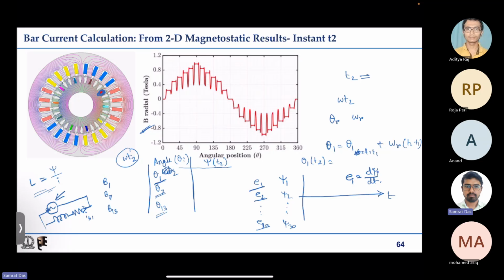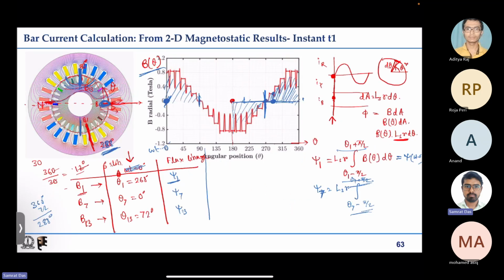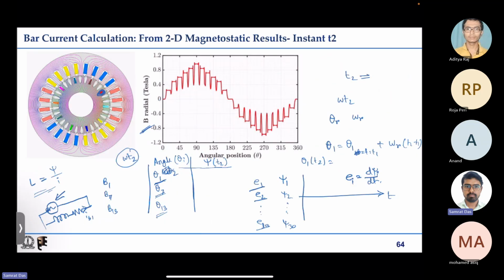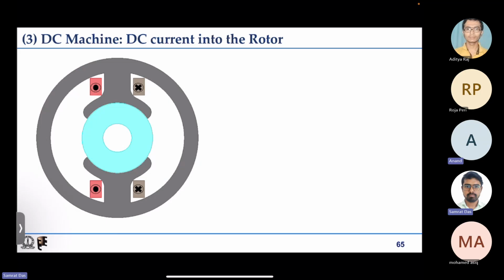This is just to elaborate the procedure once more. And as there was some confusion regarding the limit of integration for calculation of flux linkage, I'll get back to it in the next class. Yeah, Samrat ji, just a small doubt.